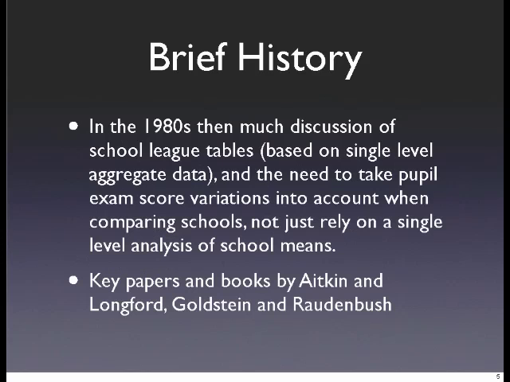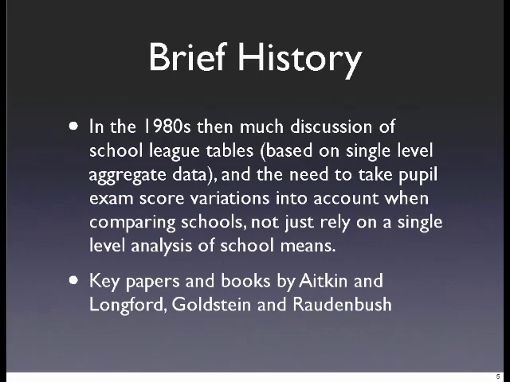Then in the 1980s there was a lot of discussion of school league tables and school effectiveness, and school league tables were originally, and quite often still are, based on single level aggregate data. So you've got the percentage of pupils getting a certain number of GCSEs in a school. But of course it's not the school itself that takes the exam, it's the pupils.